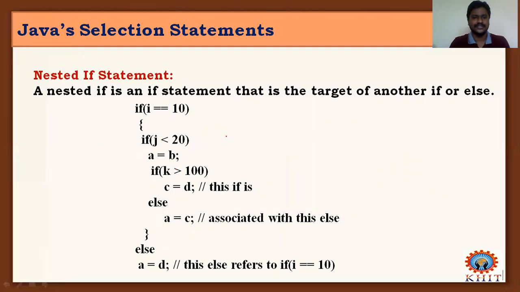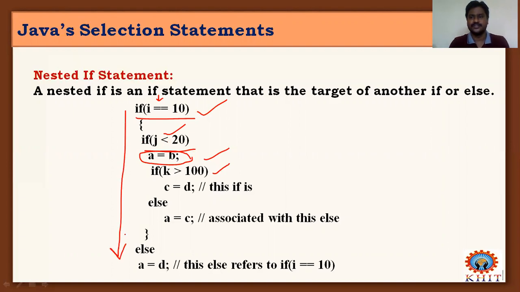And this is one simple example for understanding nested cases. If i equal to 10, this is one if condition statement. If this i value is equal to 10, then only it checks condition 2. If j less than or equal to j, then only it assigns a equal to b. And this is another if statement. Like this, you can give nested if statements with the following else statement also.